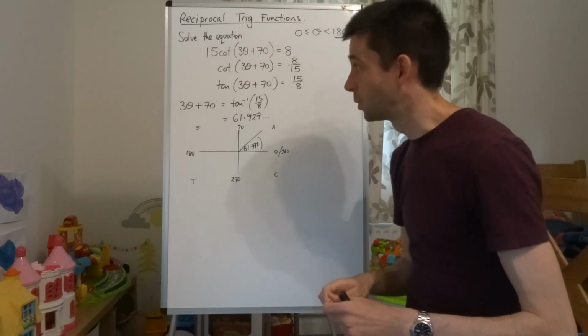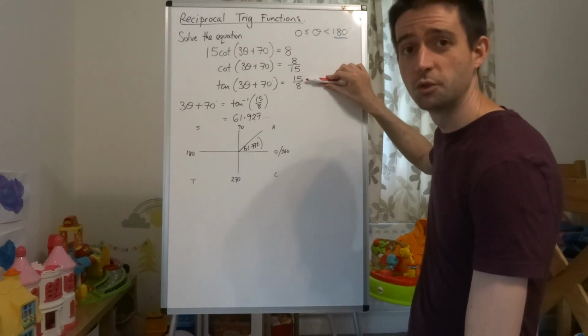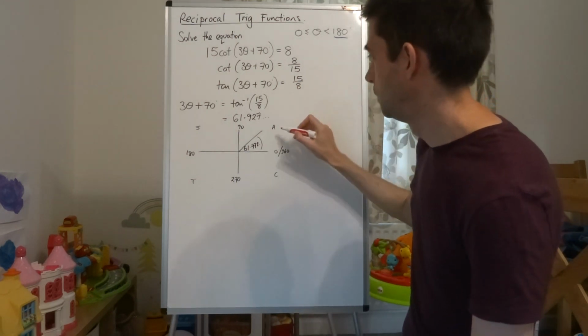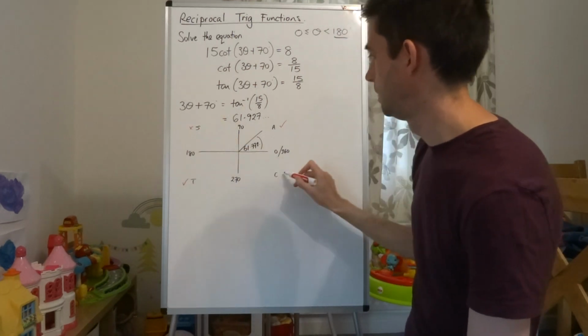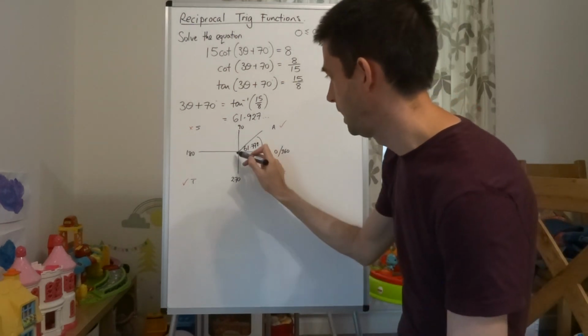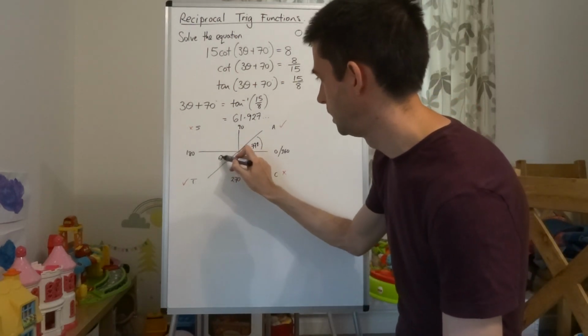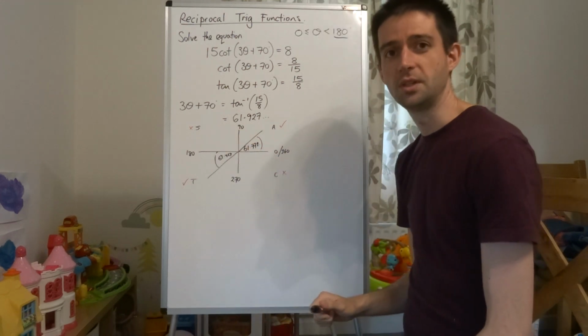Now I decide on my other quadrants. The value of tan is positive, so I want 2 quadrants where tan is positive, which is A and T, not S and not C. Which means my second line is drawn in here in the tan quadrant. And this angle with the horizontal is the 61.927.